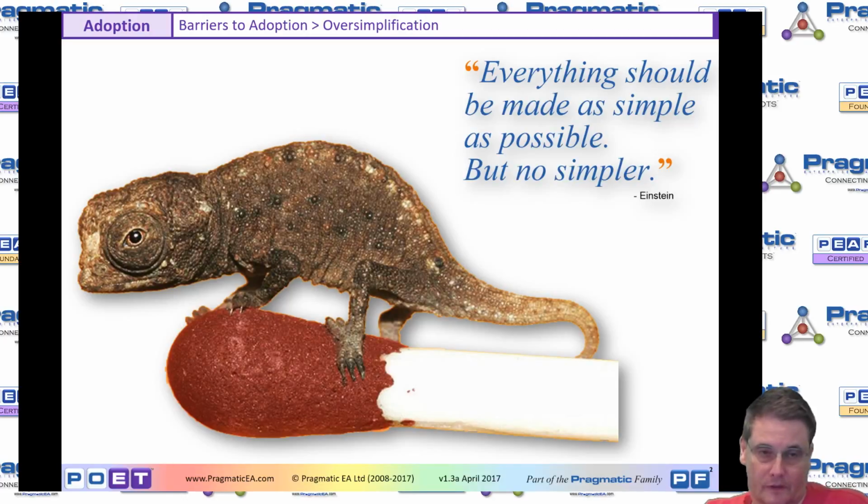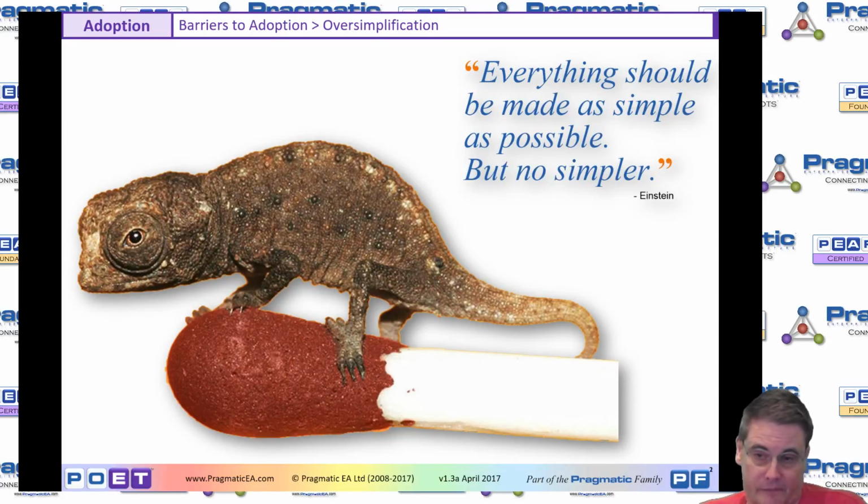Oversimplification. Good quote by Einstein there. Whenever I teach people about POET and PEAF, and we run courses, inevitably you'll always get the question, well, okay, but do we have to adopt all of it? The simple answer is no, actually, but people need to be aware of making things as simple as possible, but no simpler.